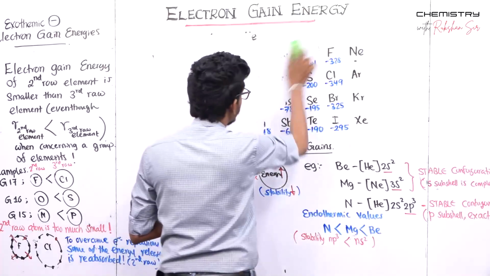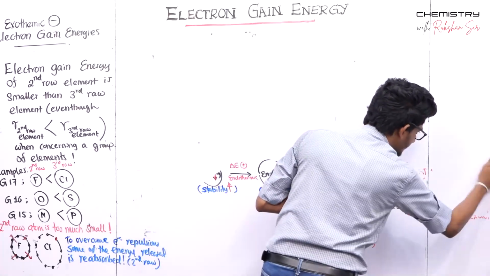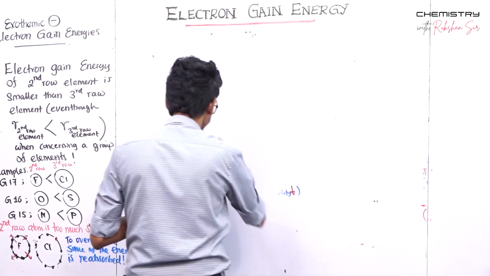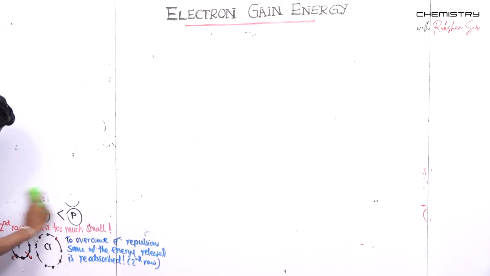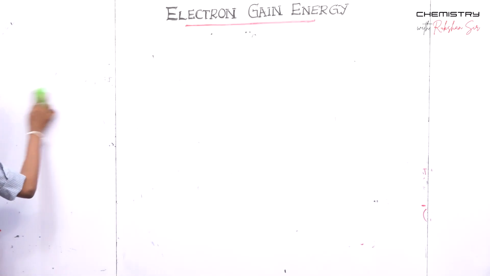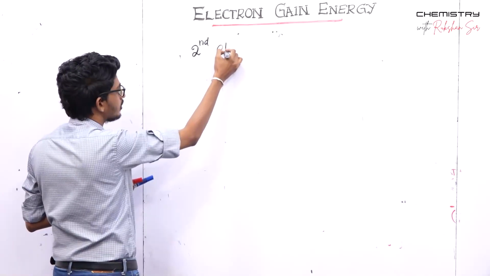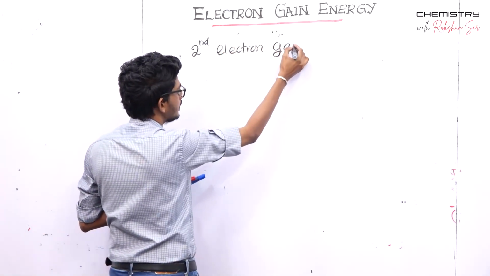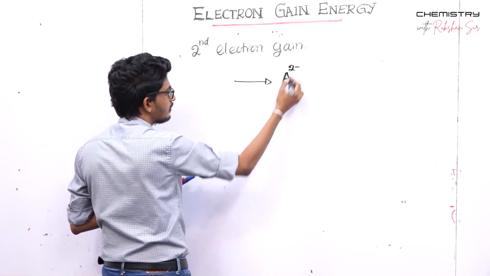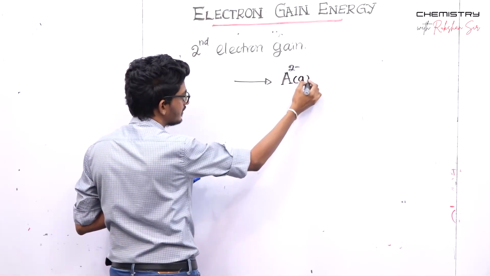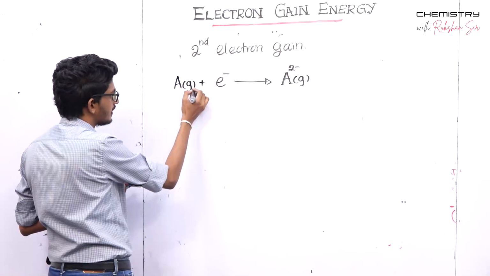Second electron gain is all about forming the 2 minus gaseous ion by adding an electron to the gaseous 1 minus ion.